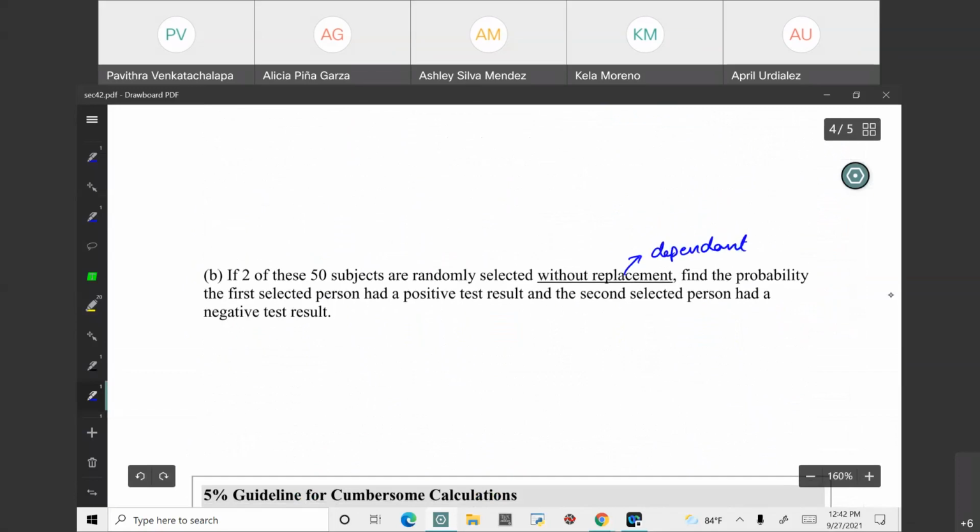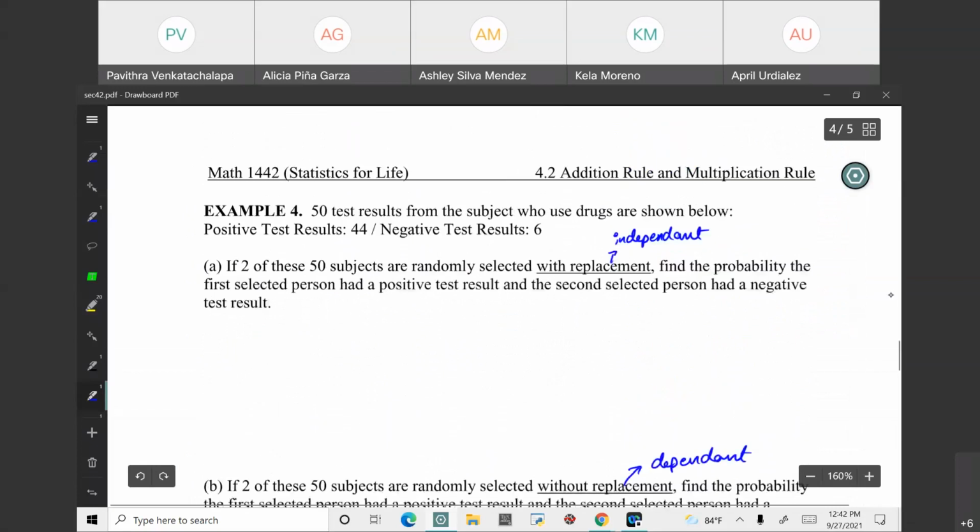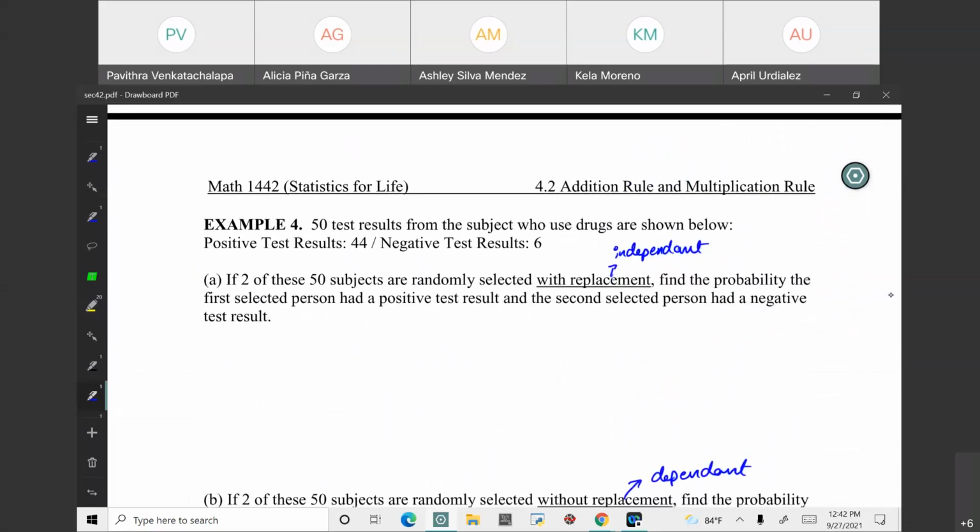Now answer this question. It's a same example. You're supposed to choose 2 out of 50, and that has to be with replacement. That means independent. Now choose the formula among those 2 and find out the answer.